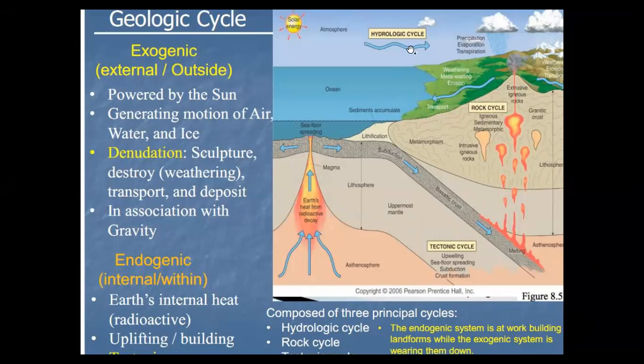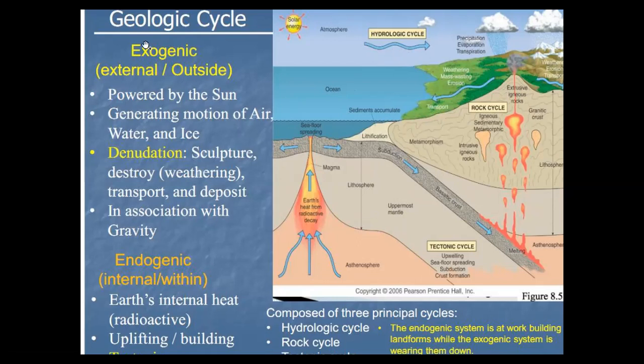Now, if we check this figure, this is a subsection of the Earth, which shows both the Earth surface and the internal part of the Earth. So what that tells us is that there are two major kinds of processes taking place in the geological cycle.